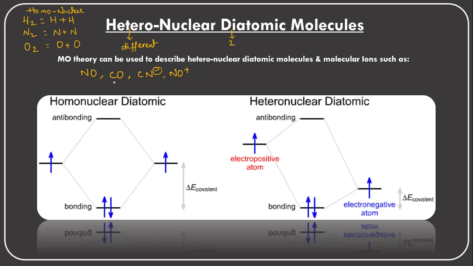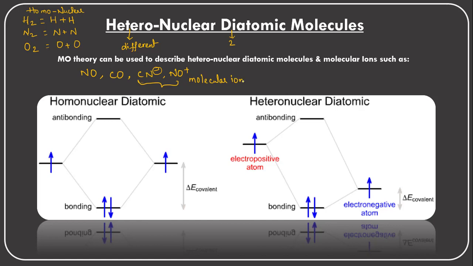So atoms of different elements participate in bond formation and form a heteronuclear diatomic molecule. Similarly, the cyanide ion and nitrosonium ion also, and these two species are called molecular ions.